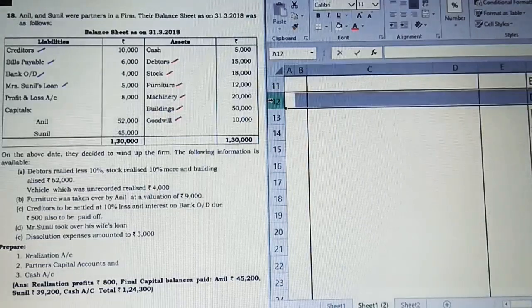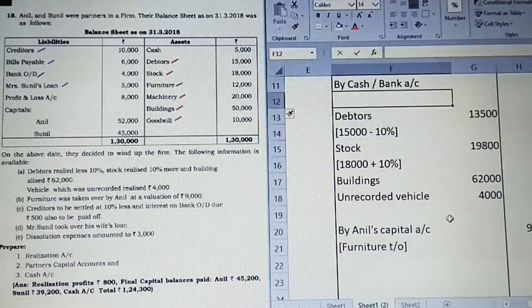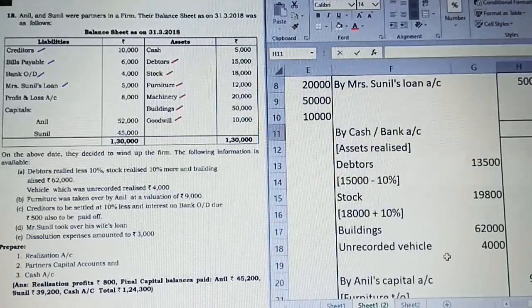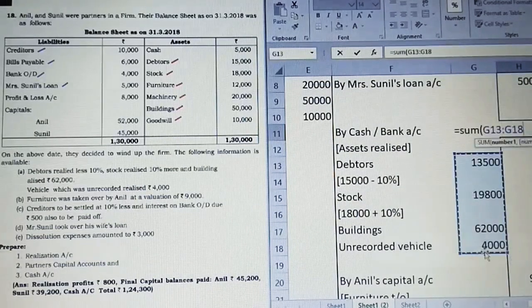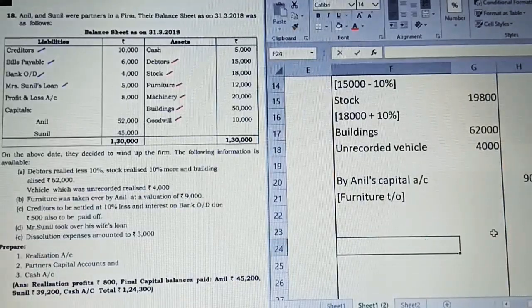I forgot to mention here the narration in the bracket, what is taking place: assets realized. Don't forget, we have to mention this. The marks are considered for each and every step that we do. The total of assets that were realized is 99,300. Anil has taken over the furniture. The second adjustment is over.